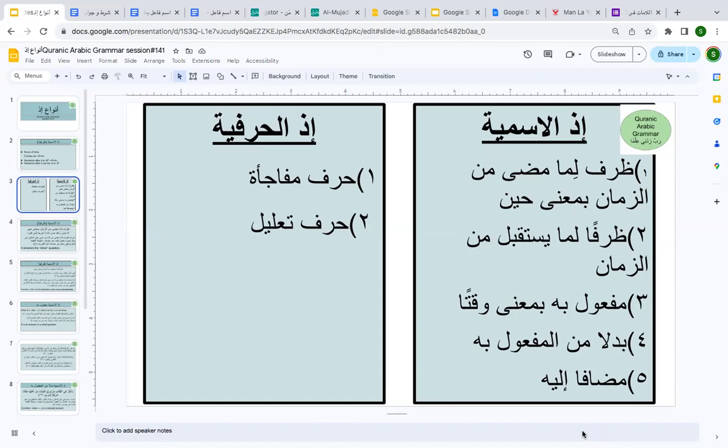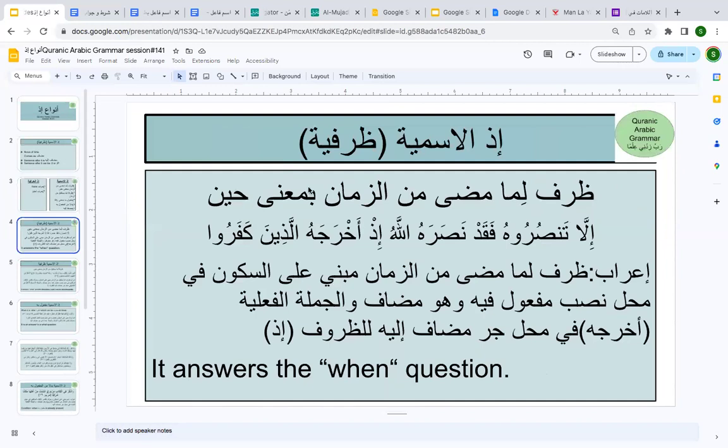The fujaiya means suddenly, just like idha: you see it, then suddenly the snake was moving very fast, and so Taha, it has come. That is the meaning of fujaiya.